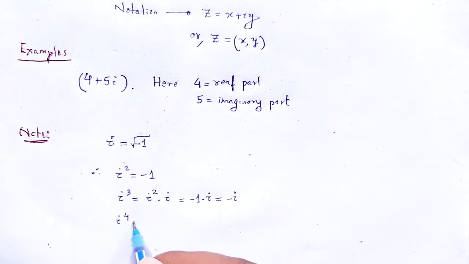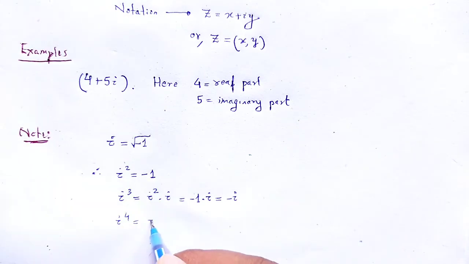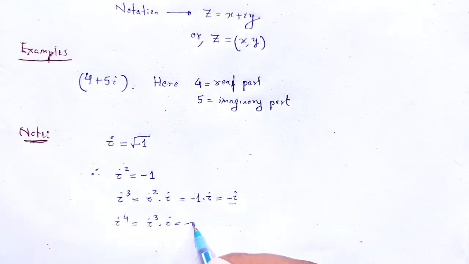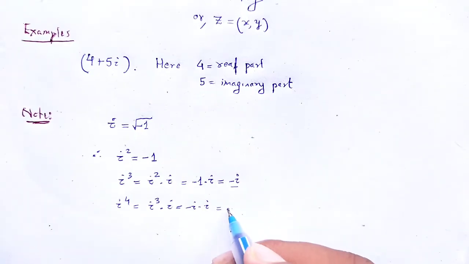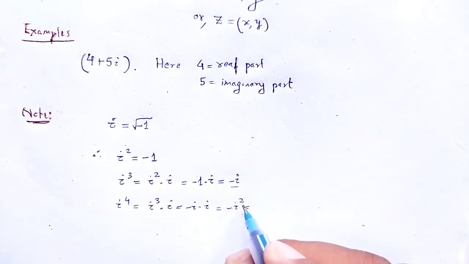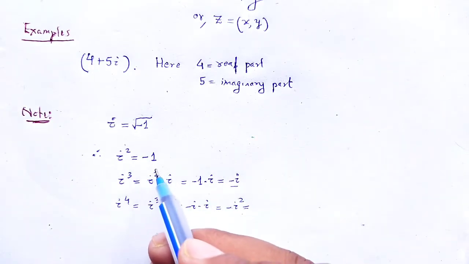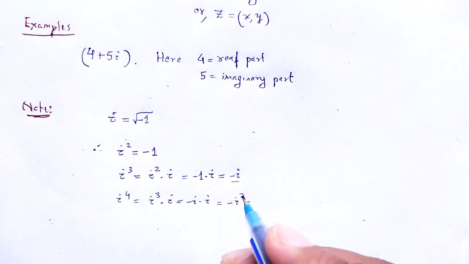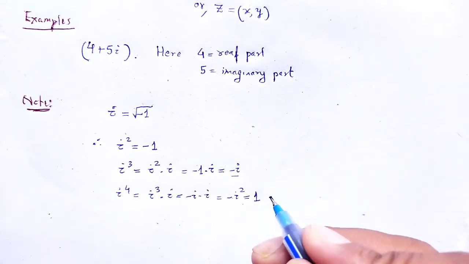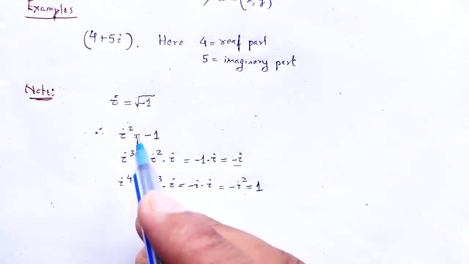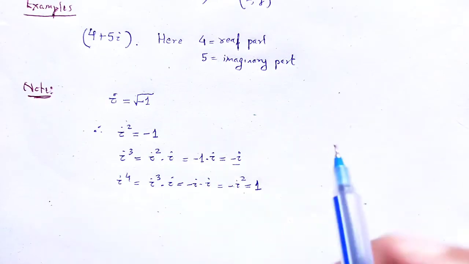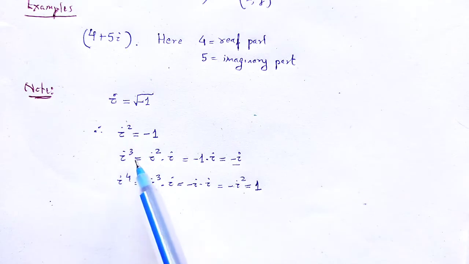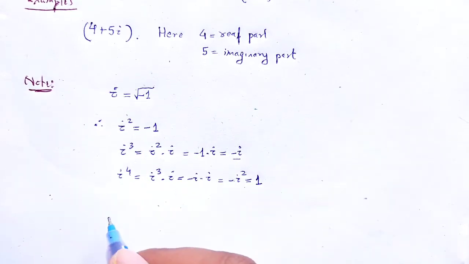Again, i fourth is equal to i cube into i, which is minus i into i, which results in minus i square, that is minus minus, plus, so the result will be 1. As we proceed in this manner, look at that sequence.